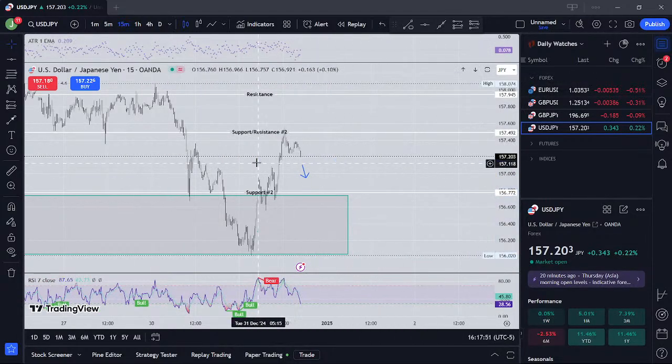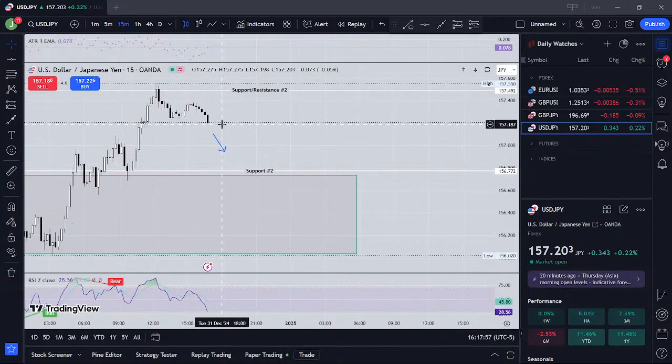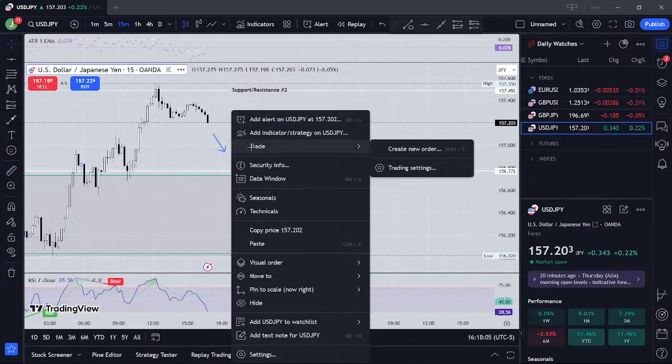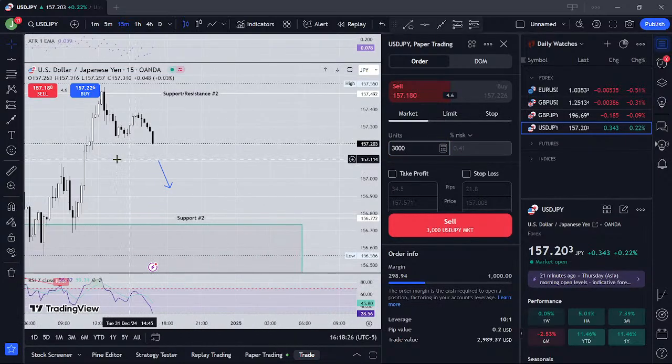So here I'm just going to do a cheeky 3,000 units. At 2002, we're going to sell. Let's sell 1,000. No, I said 3,000, so that's three microlots. I'm going to sell them.